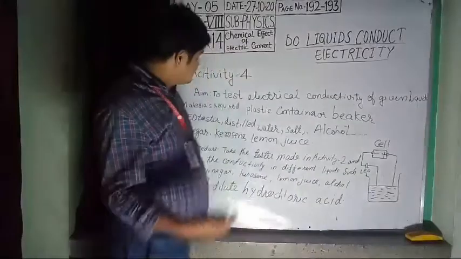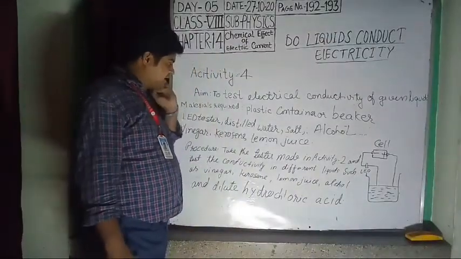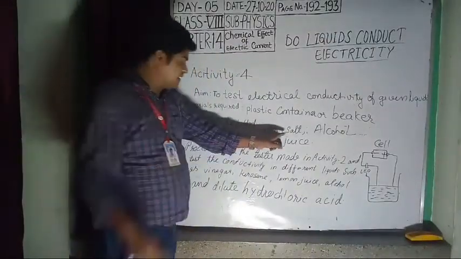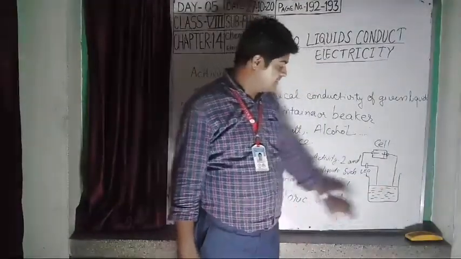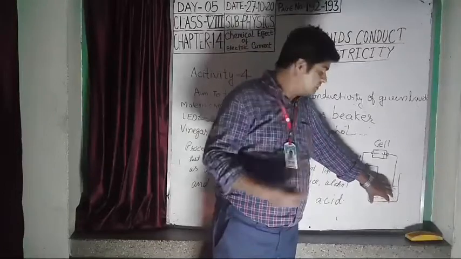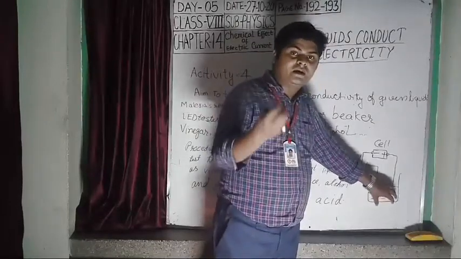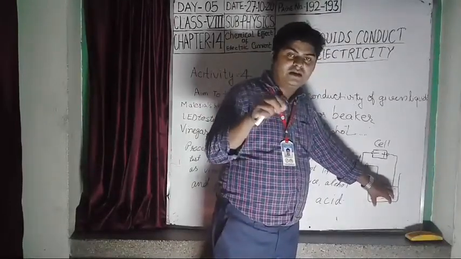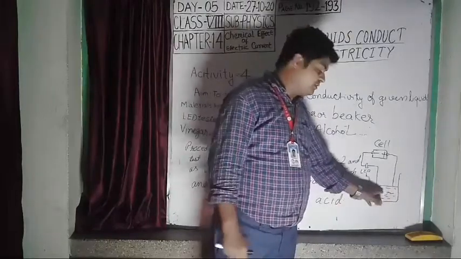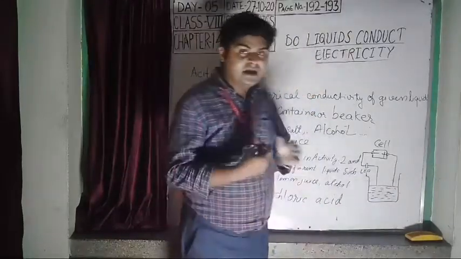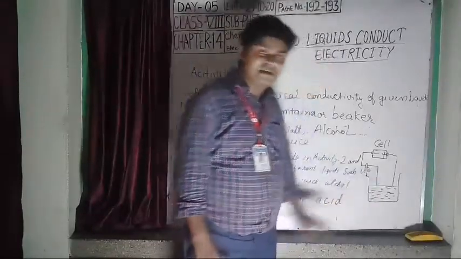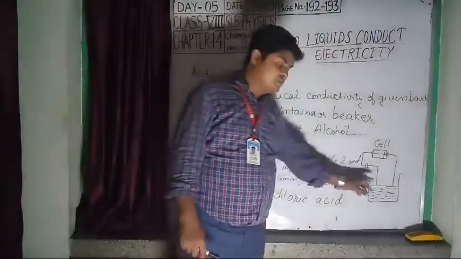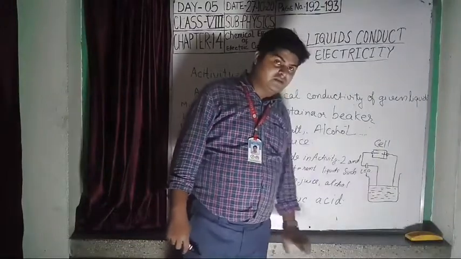Second last, you will take a solution of salt and water. You will make a solution of salt in water, then put it in the container, and the LED bulb glows when salty water is present. So salty water allows electric current to pass, and it is a good conductor of electricity.